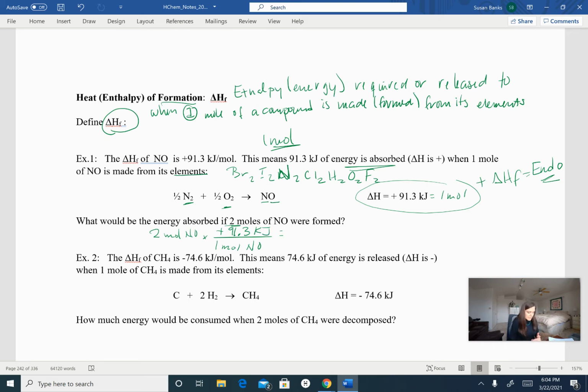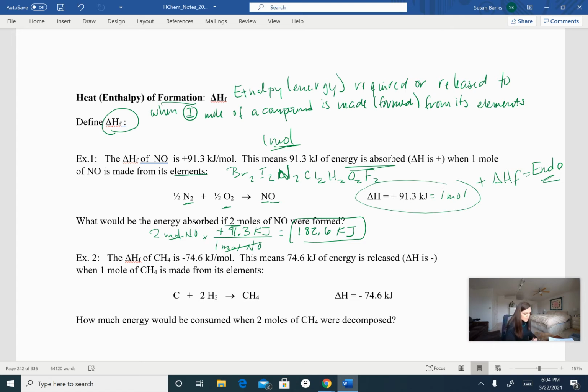So if I multiply that by 2, because my moles cancel out, that will give me 182.6 kilojoules for that reaction of making 2 moles of nitrogen monoxide.